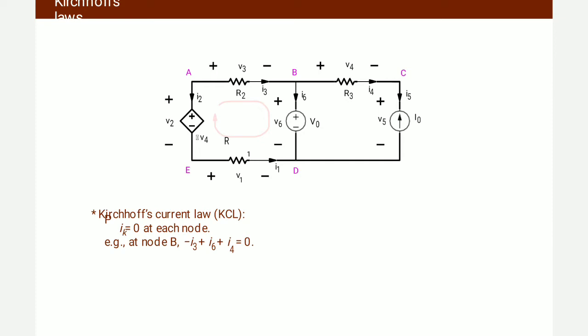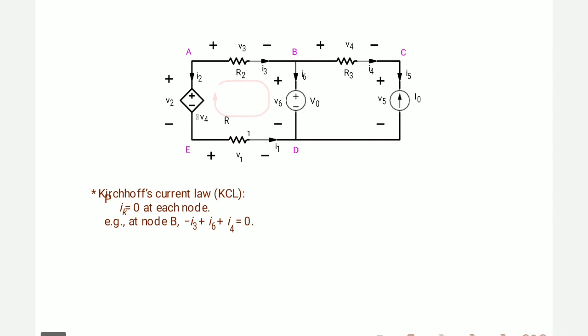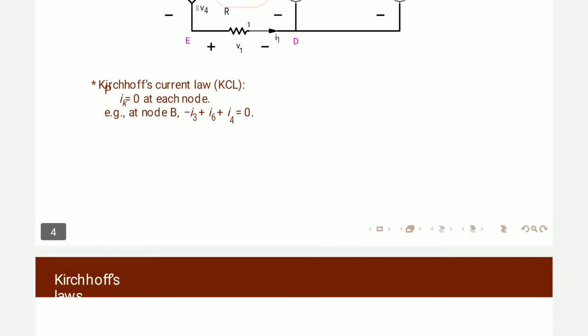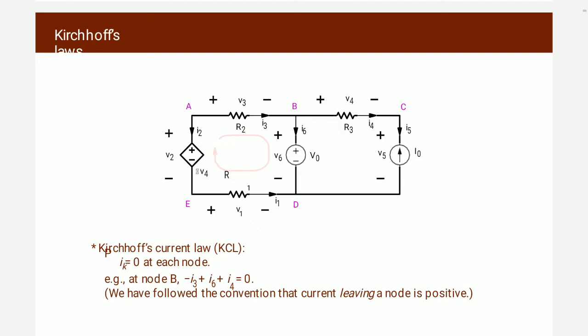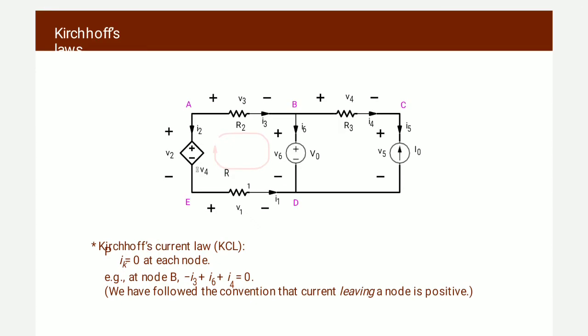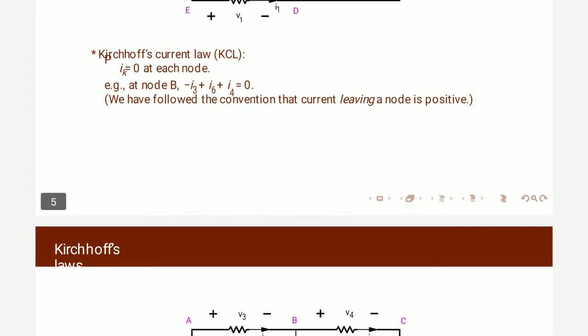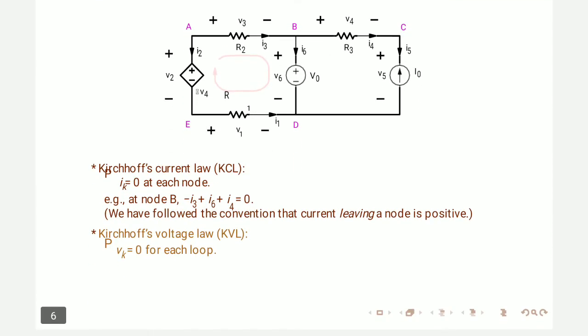I3 is entering, so the notation is minus, and I6 and I4 are leaving, so the notation is positive. We have followed the convention that current leaving a node is positive.